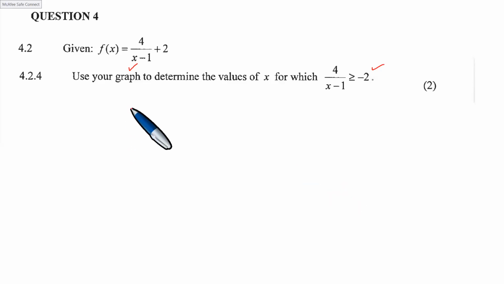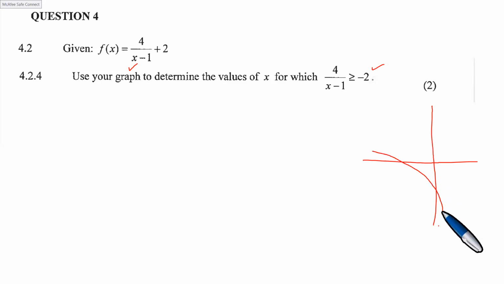To solve this one, we need to just remember the graph and realize that the graph was like this, but the graph was also cutting like this. The graph was cutting here at -1, there at -2. So here it was cutting like this. Here it was cutting like this.